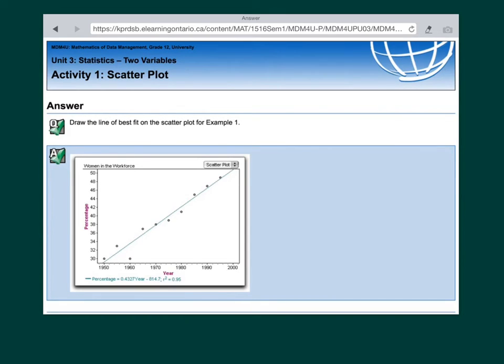Their line is a lot easier to read than my line, but we can see that what they've done is they've created a line that goes through a couple of the points, but really most of the points are not on the line. The other thing that you notice is that there's just about an equal number of points above the line as there is below the line, and that the line is sort of the same distance away from most of the points. So that's what we're trying to achieve when we draw a line of best fit.